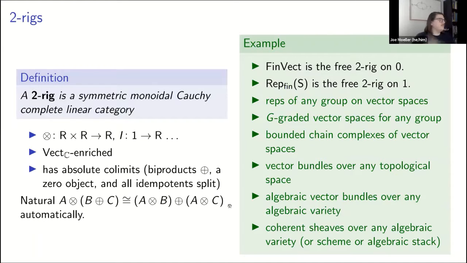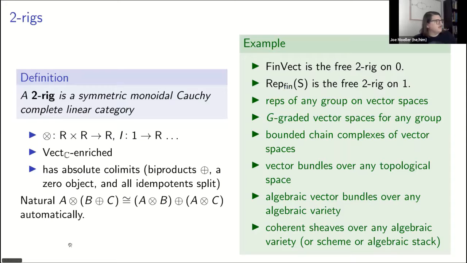So this is going to be our categorification of the notion of ring, and it's going to be a symmetric monoidal Cauchy complete linear category. It's a lot of adjectives, but here's the breakdown of what those mean. A symmetric monoidal category has a tensor and a unit with respect to that tensor. Linear means it's enriched in vector spaces, and for the sake of this talk, I'm taking C to be the base field.